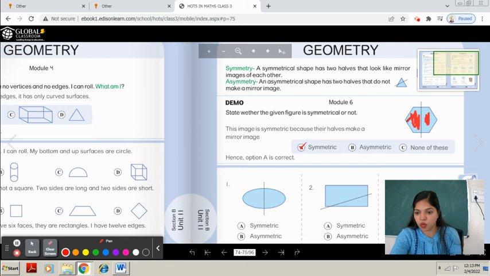If you fold this image, you will observe that one half completely covers the other half. So this is symmetric. Okay students, so option A is the right option. It is done for you. Now we will do the first question.